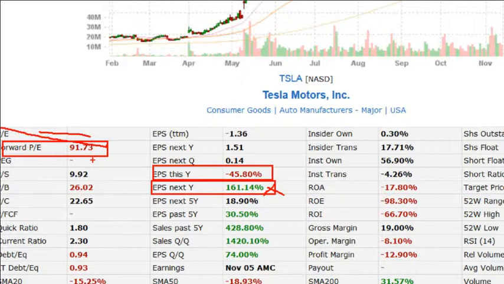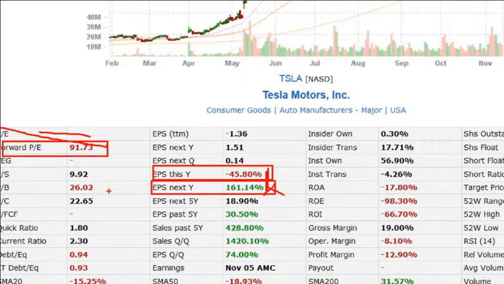When the market average is sitting around 17 or 18, and you're talking about a stock that's at 90 and it keeps going up, why is it going up? Because overall, you're talking about major upcoming growth. Investors are buying the growth and they're willing to overpay from a value standpoint for that growth.